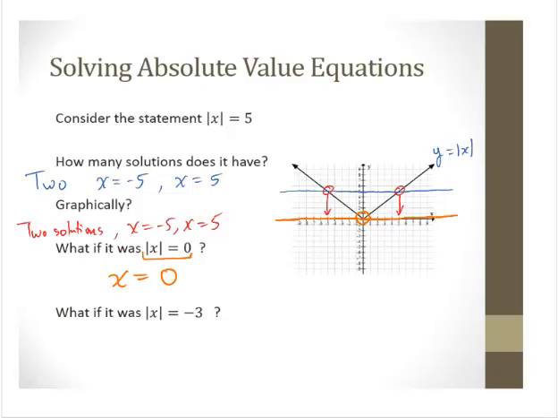And what if we had the statement absolute value of x equals negative 3? Graphing y equals negative 3, notice that the absolute value function does not intersect y equals negative 3 at all. And so this statement has no solutions.